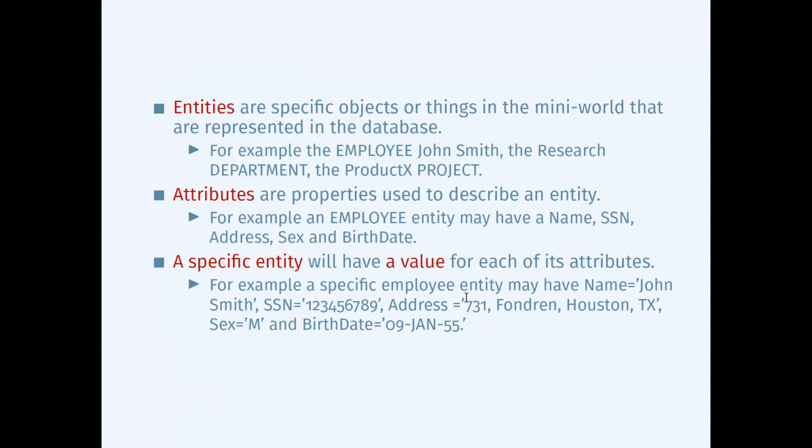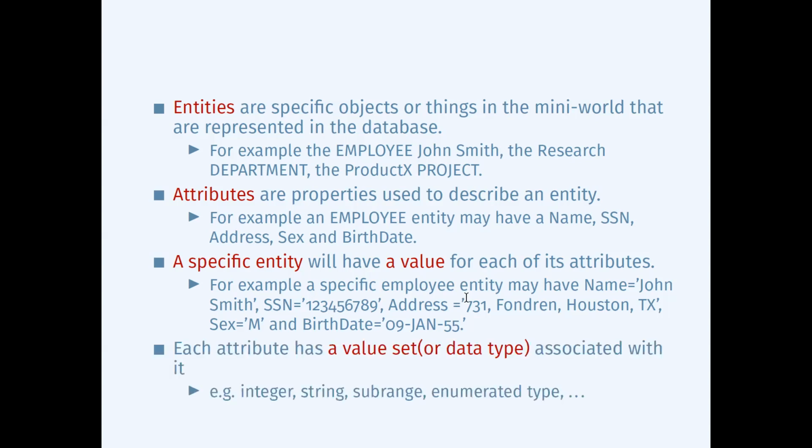So you can see each entity can have a set of values, right? And third, each attribute has some data type. For example, when you say a name, it's a string. When you say age, it could be some number, right? So you can have some value set, which we call data type.